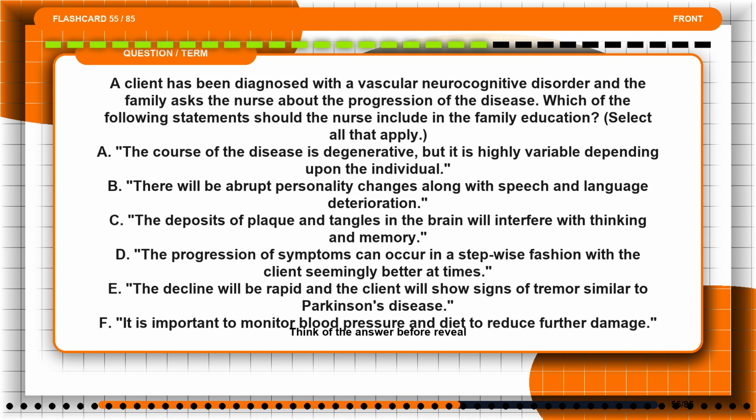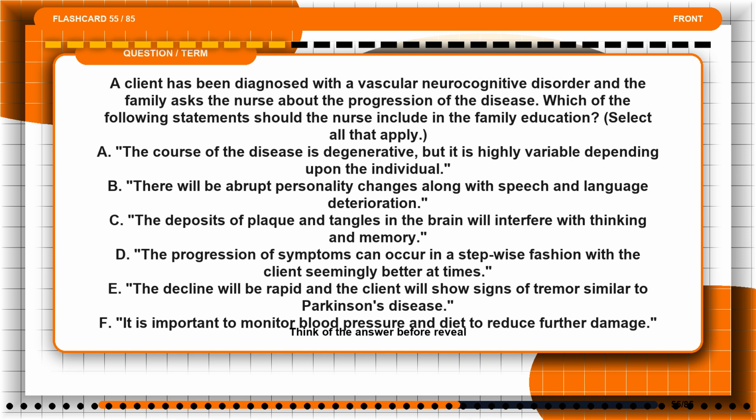A. The course of the disease is degenerative, but it is highly variable depending upon the individual. B. There will be abrupt personality changes along with speech and language deterioration. C. The deposits of plaque and tangles in the brain will interfere with thinking and memory.